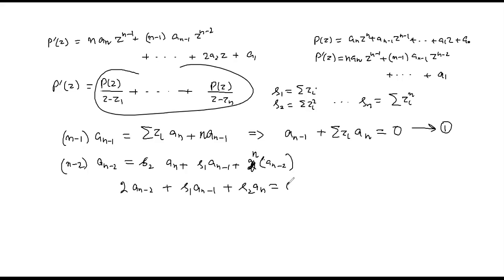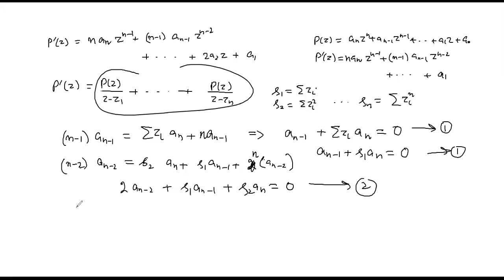Now obviously from here we get S1, which I could write as an minus 1 plus S1 into an is equal to 0. I know the coefficients of my polynomial, so I take this as the second equation. When I know an minus 2, from this I can know S1, and substituting it here I can find S2, and this goes on and on.